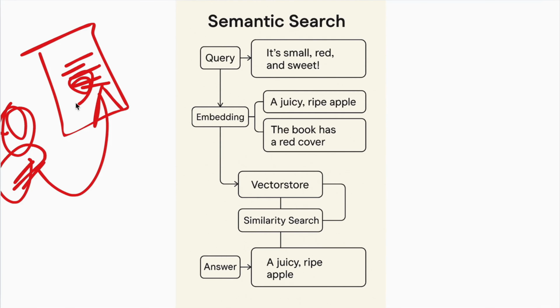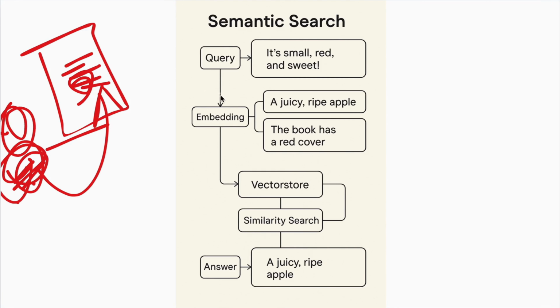But in semantic search, we find the exact meaning of what our query says. So if it says it is a fruit, it won't just look for the word fruit, but will also look for apple, banana, strawberry, etc. Hence we can say that semantic search is better than keyword search.